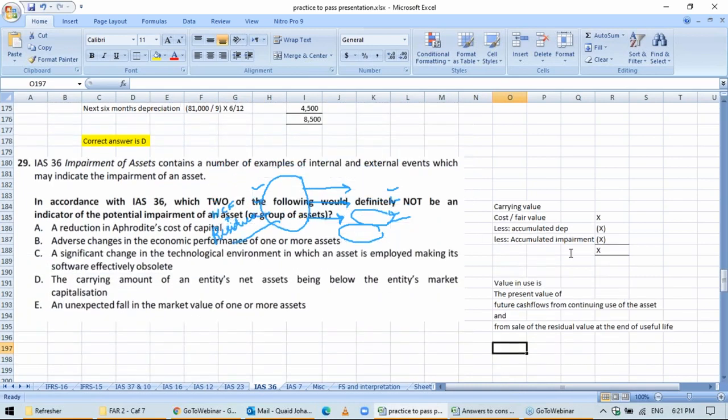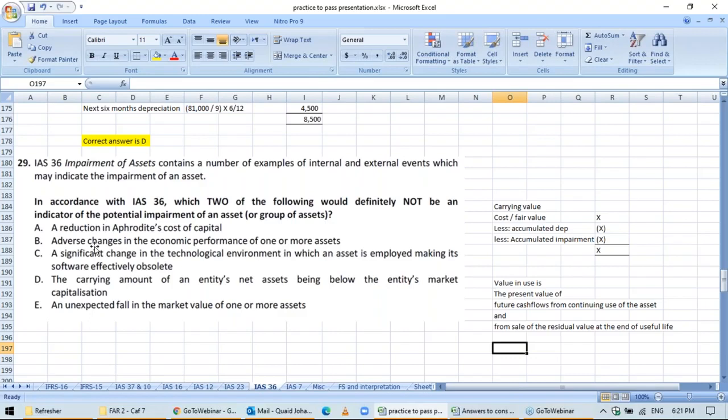Now, in question 29, they are asking about indicators for impairment like decline in market value, obsolescence, damage of assets. These are all indicators, right?